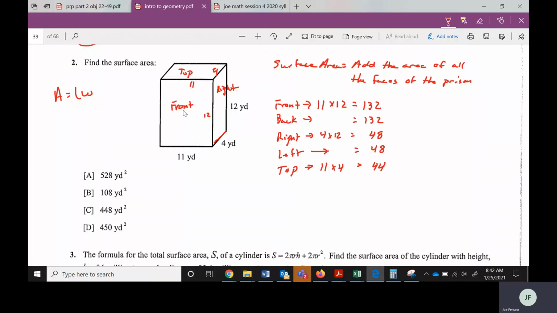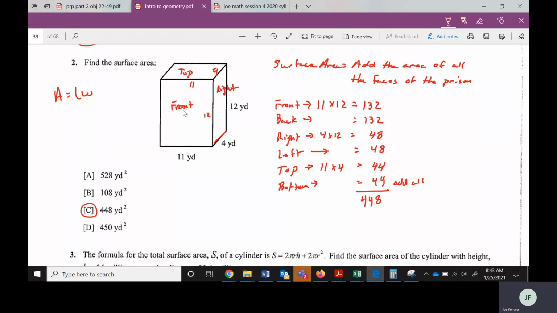So that's 44. And then the top is that, so is the bottom. Now what you do is you just add all of these up. And I've already done this, so it won't take me time to do this. You're going to get 448.